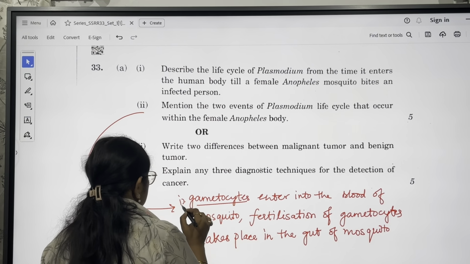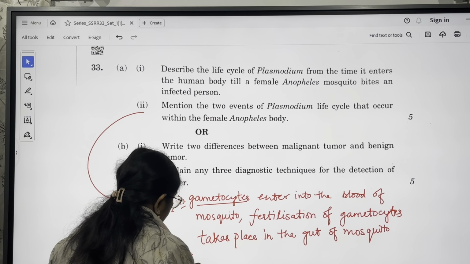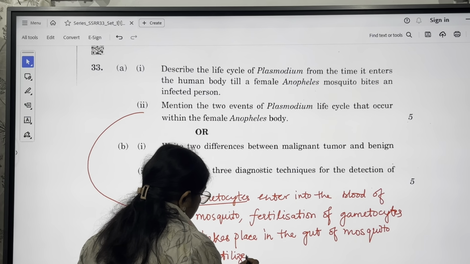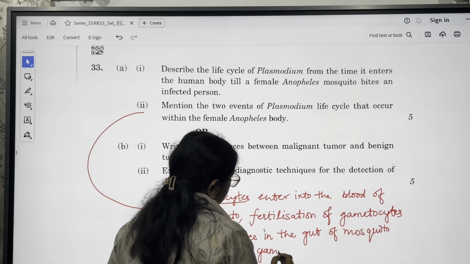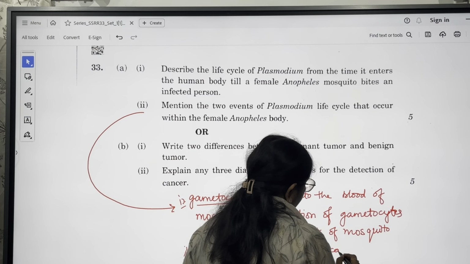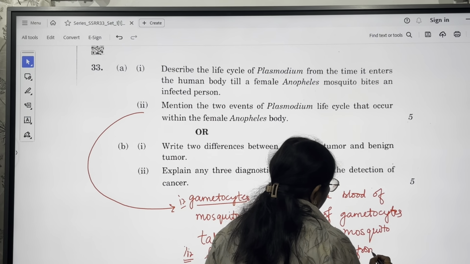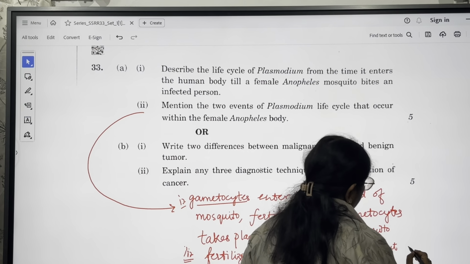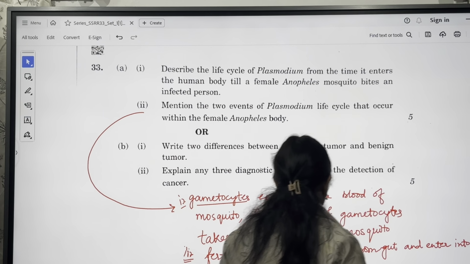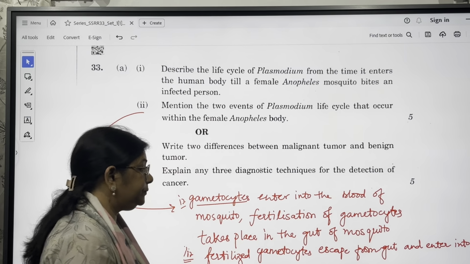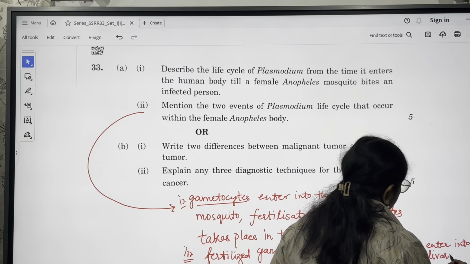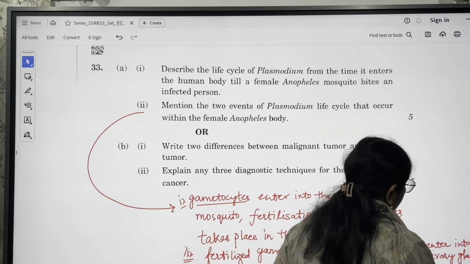And second point is, these fertilized gametocytes escape from gut and enter into the salivary glands of mosquito.